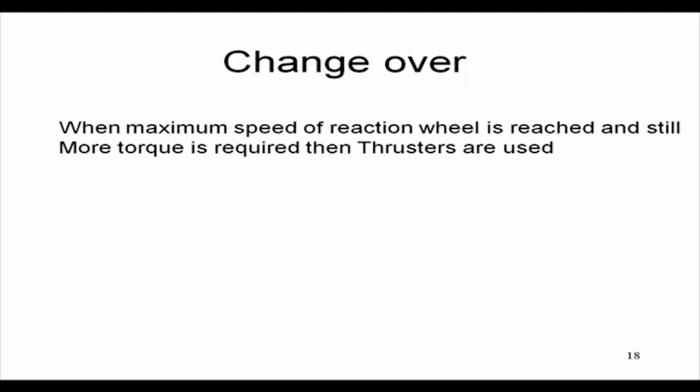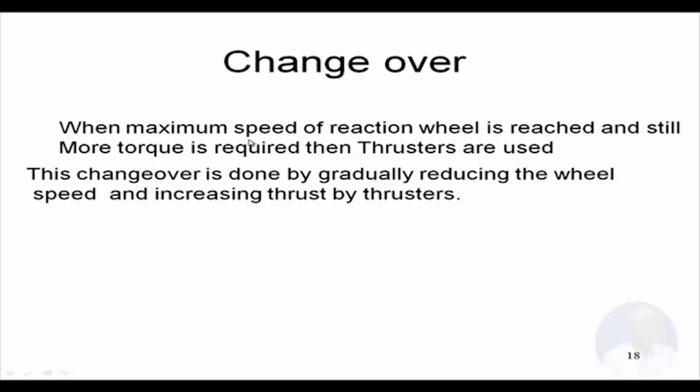So what is done is we have to stop this motor and let this torque be taken over by something else and get into the natural phenomena. So that is done by some technique, a changeover. When the maximum speed of the reaction wheel is reached and still more torque is required, then the thrusters are used. The thruster principle is just like rocket propulsion.